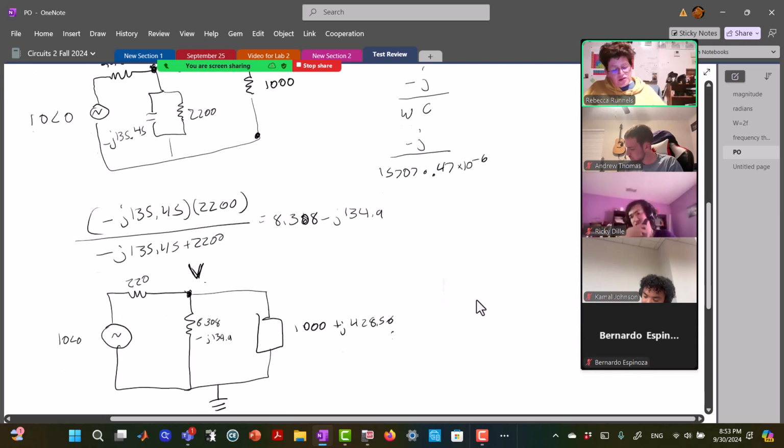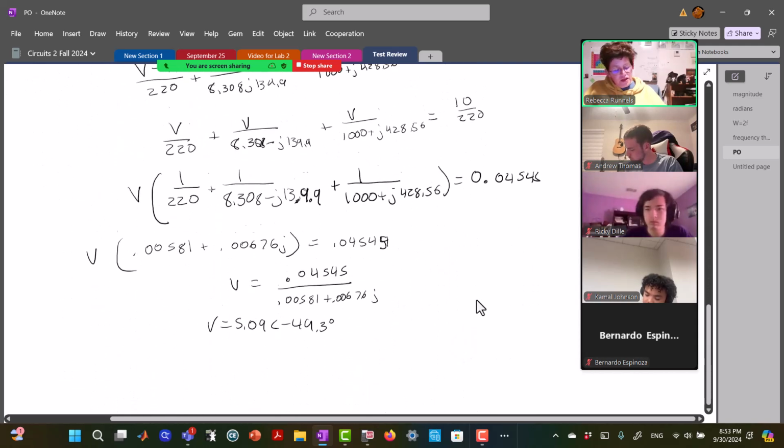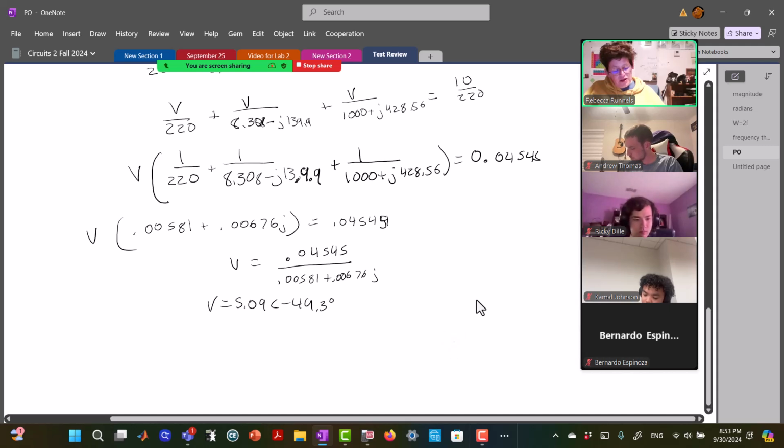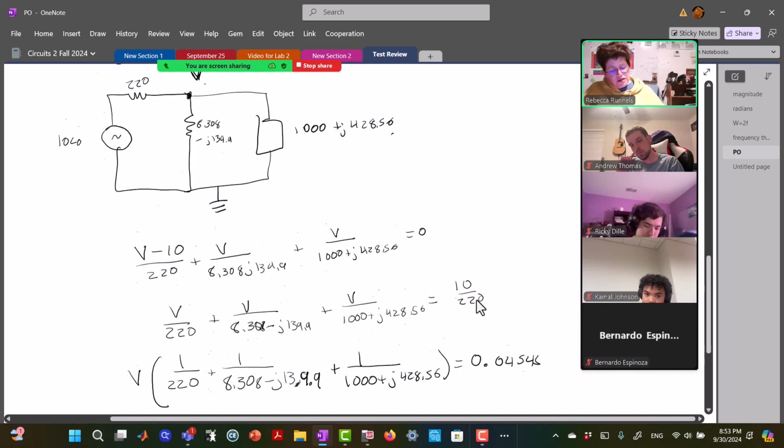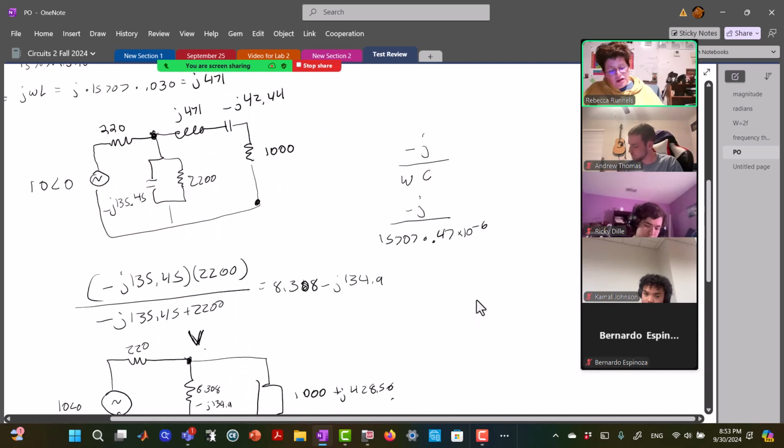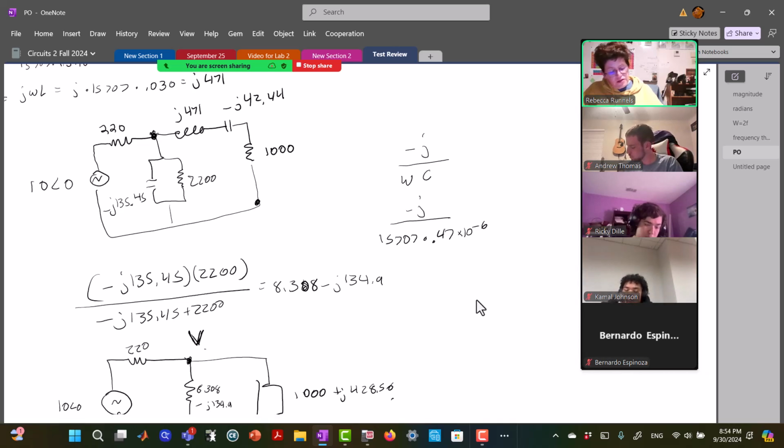And I originally was talking about finding the current and multiplying by 1000, but now I think voltage division would be a better way to go, because I know the voltage right here is 5.09 angle negative 49.3, and then I've got these two together made J 428.56.